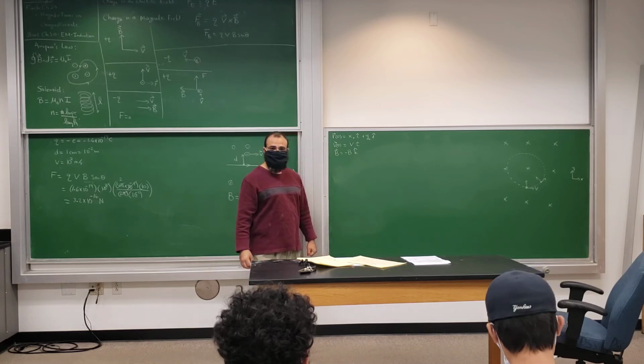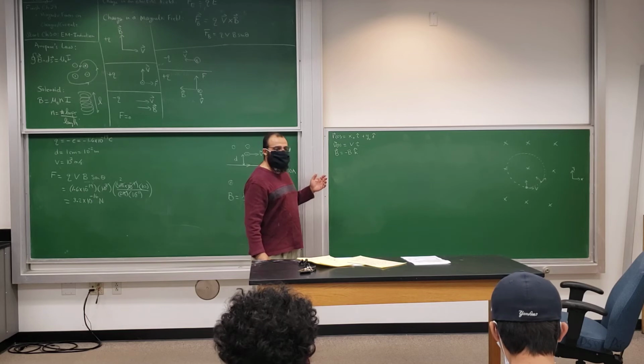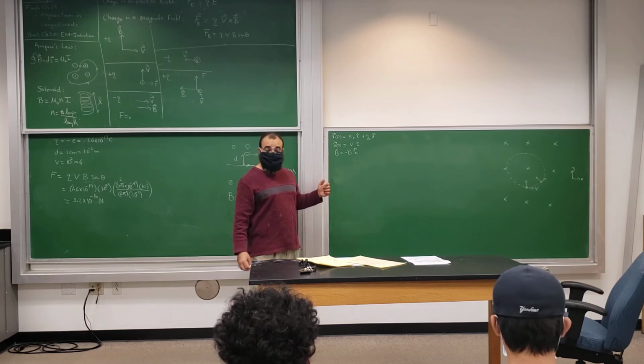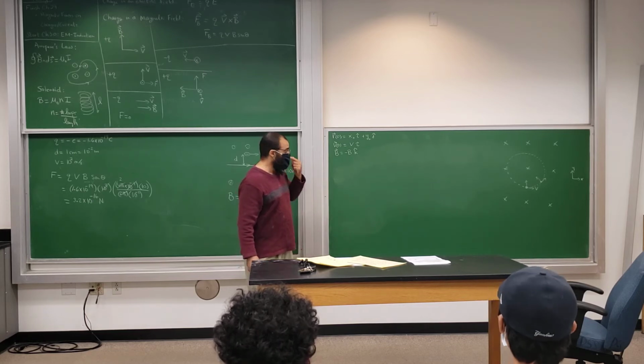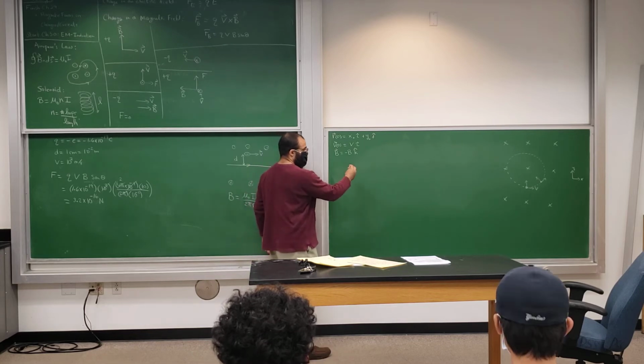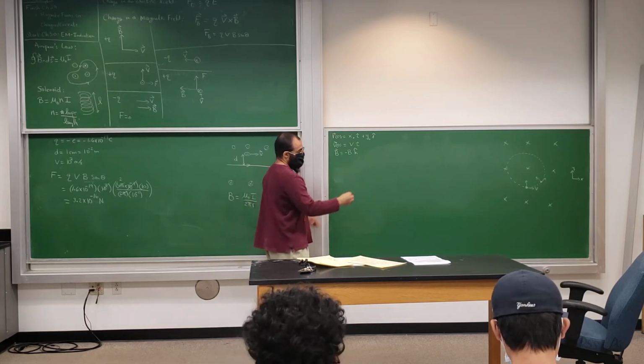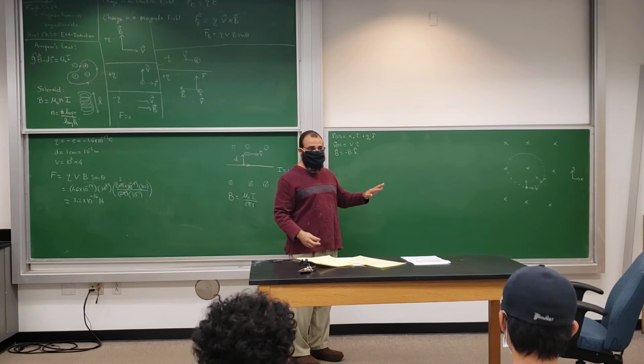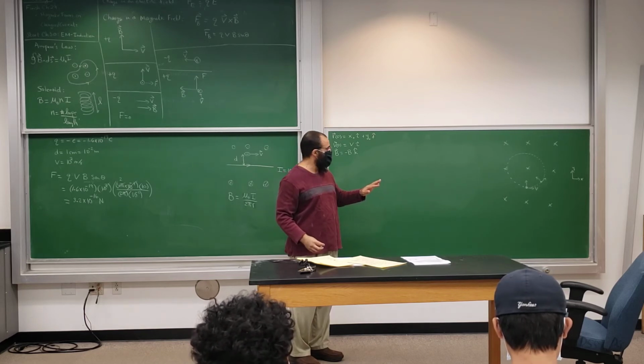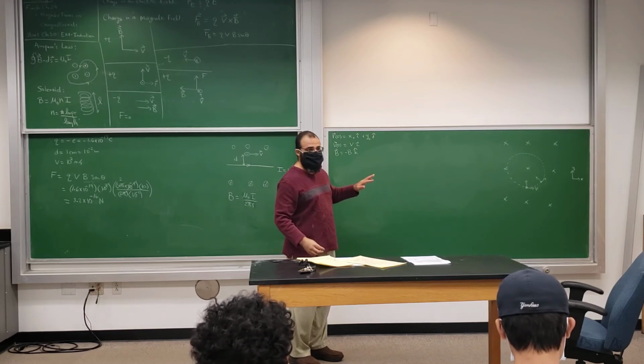Is this okay? So we want to find the velocity at all times later. So what would it be? Well, since the force is always in the xy plane, there is no force in the z direction, so we expect the velocity to remain in the xy plane.